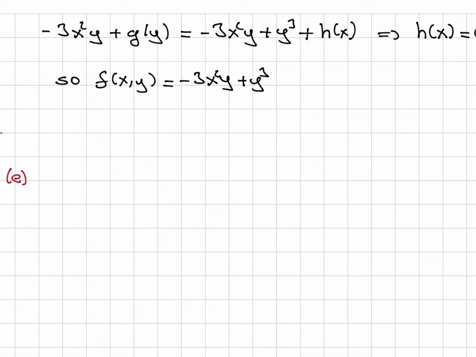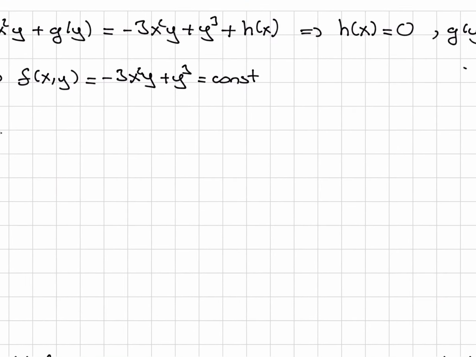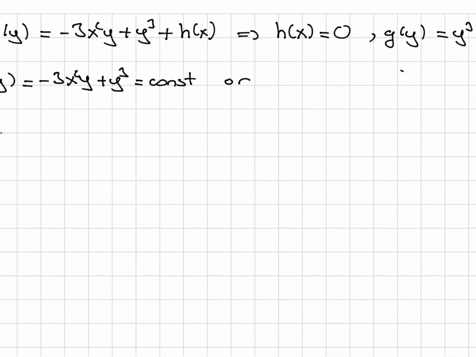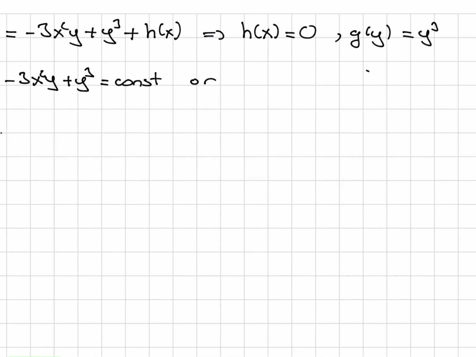It's a differential form, which is del f del x dx plus del f del y dy must be equal to 0. That means this is a constant, or in other words, we can multiply this by -1 and say 3x squared y minus y cubed must be a constant.